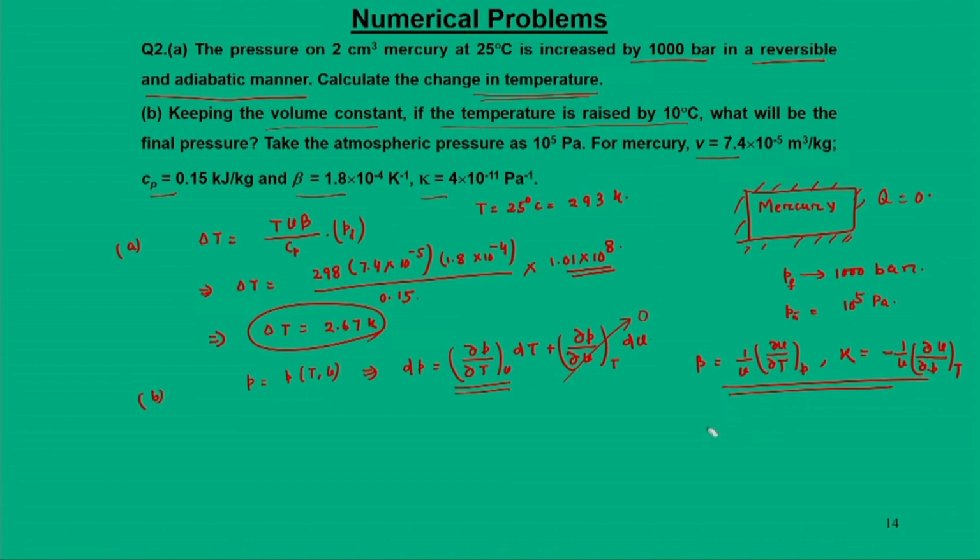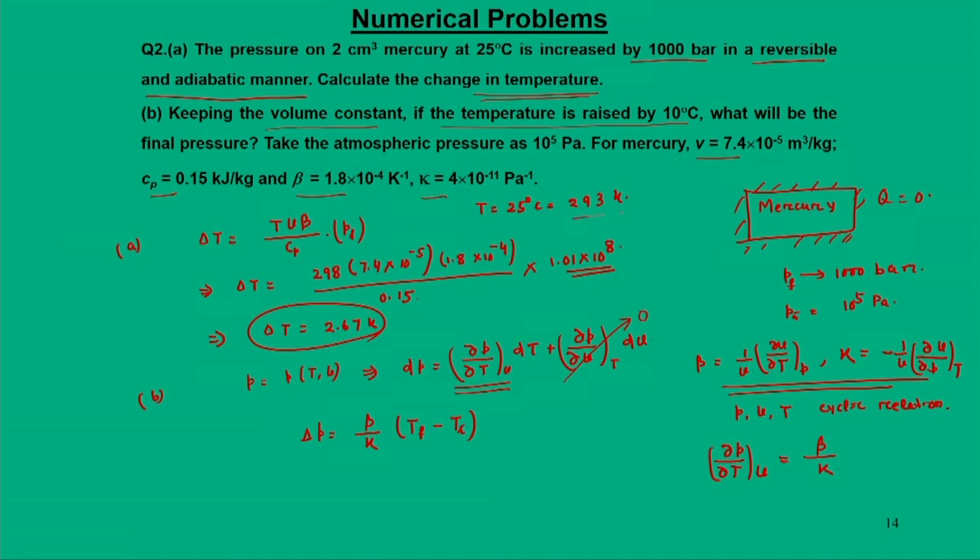Now, if you use the cyclic relation between P, V and T, then from this we can get dP by dT at constant V will be equal to beta by kappa. So, from this we can say delta P will be equal to beta by kappa into Tf minus Ti.